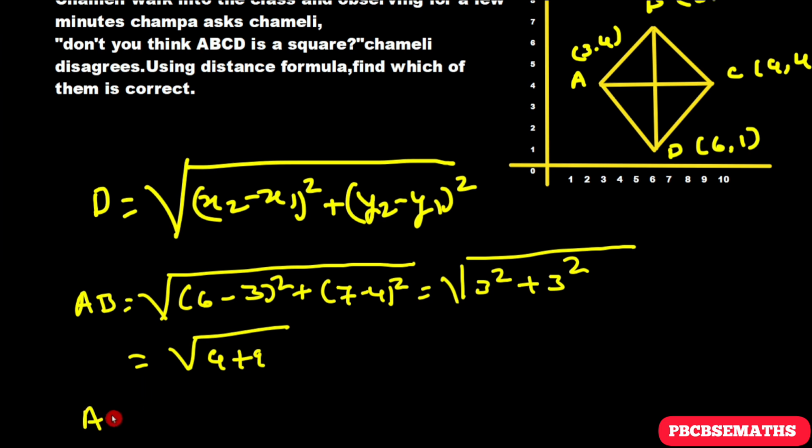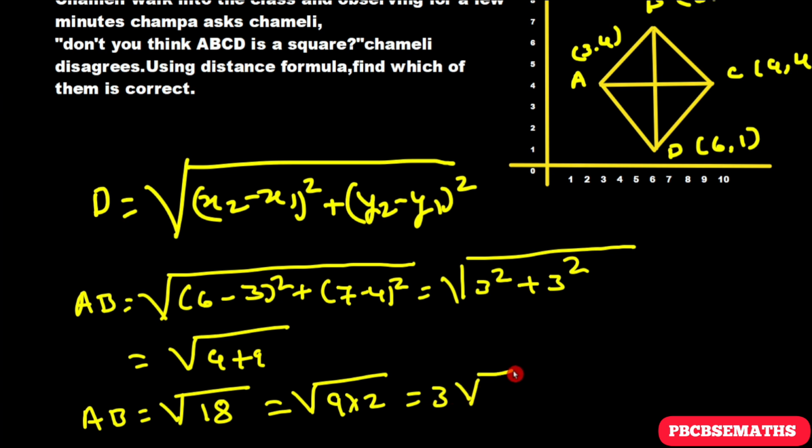So the value of AB is square root of 18. Further, reducing it to simplest form, we can write it as square root of 9 into 2, which is equal to 3 root 2, because the square root of 9 is 3. So the value of AB is 3 root 2.